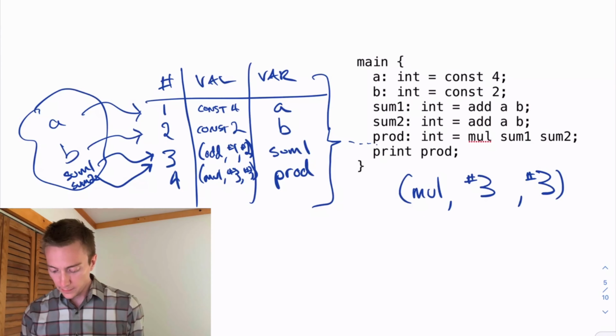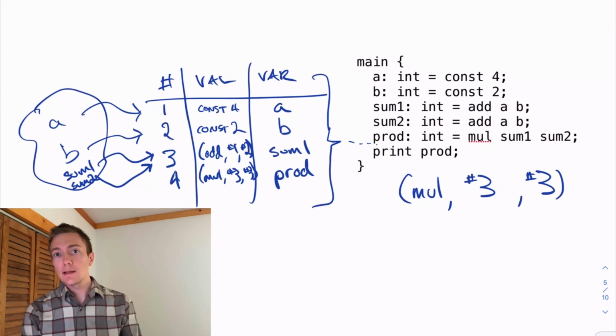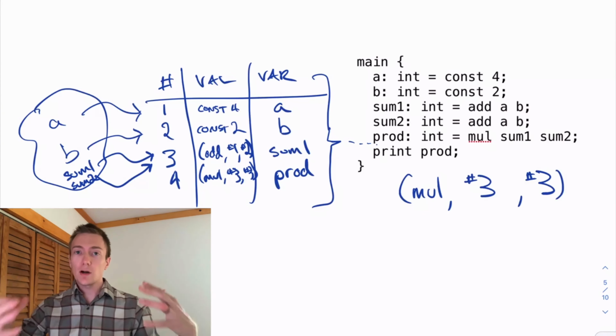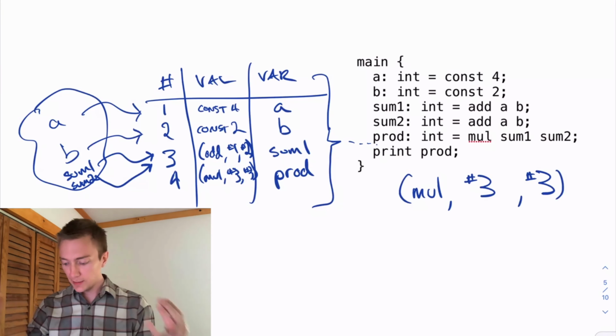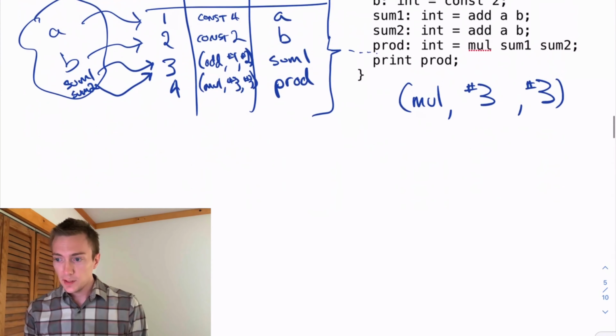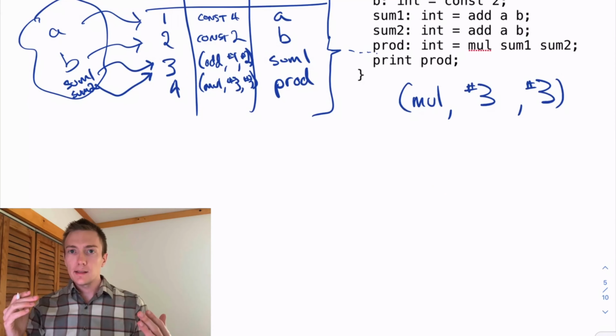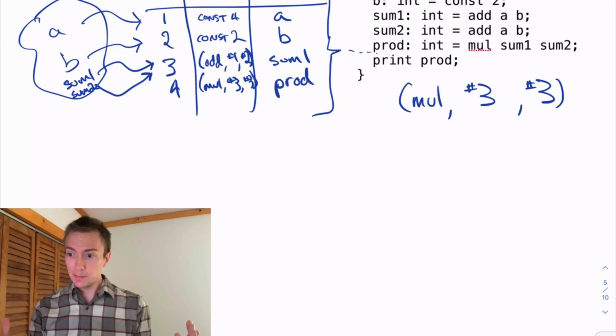And the variable that is the canonical home for this multiplication is still prod. So by virtue of having already figured out that sum2 holds the same value as sum1, we have now adjusted the value tuple that we have computed for prod. There's one last step here, which is to go through with the print instruction, but it's not all that interesting because it doesn't actually compute anything.